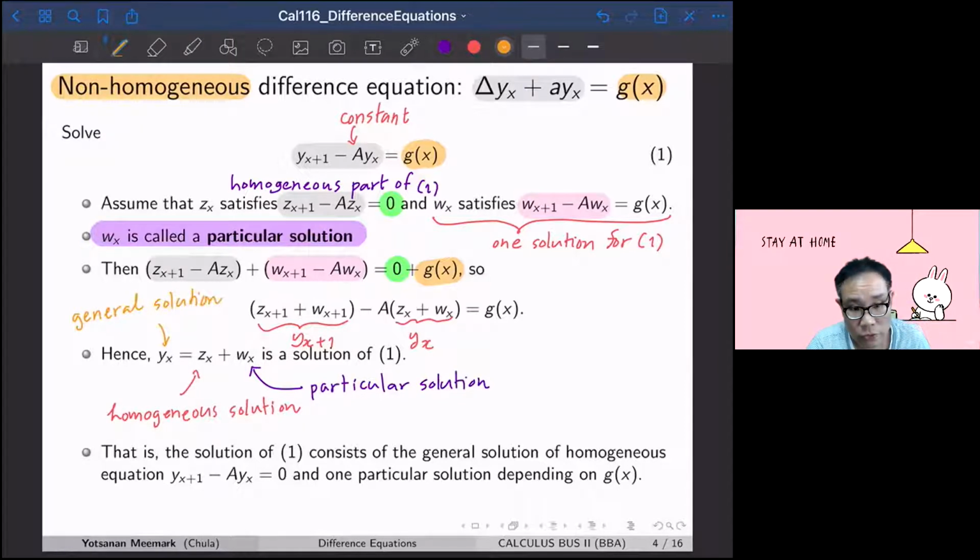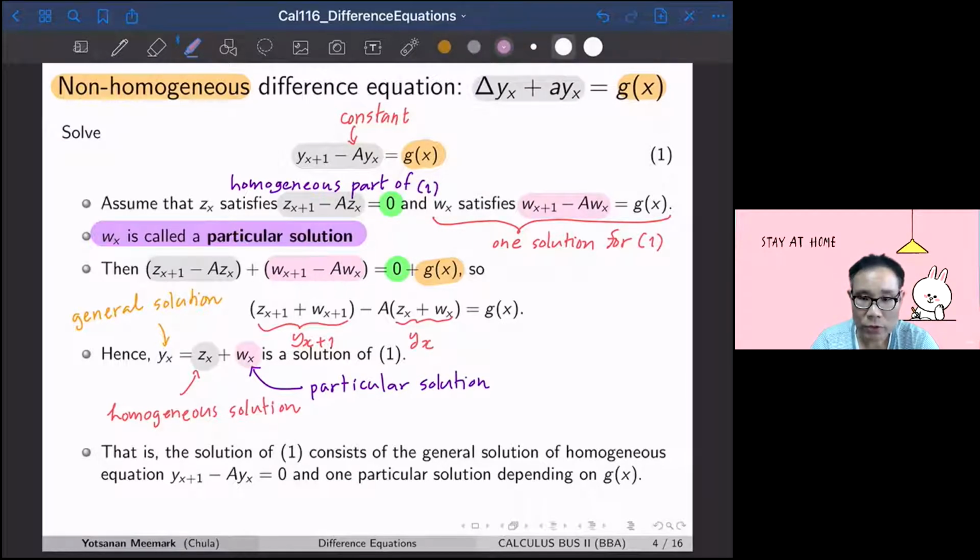The general solution turned out to consist of the one from the homogeneous solution. Homogeneous solution, let me highlight the gray one. So it's going to come from the gray solution, and another solution turns out to come from the pink solution. Okay, so it's going to be summing these.